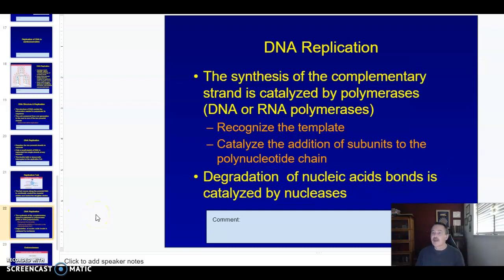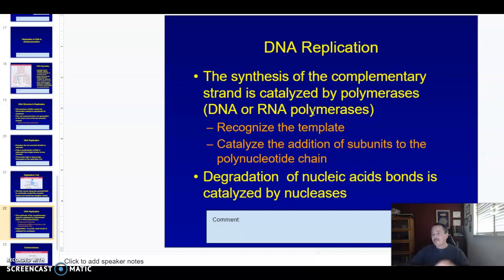All right, slide 22. DNA replication. It says the synthesis of complementary strand is catalyzed by polymerase, which is DNA or RNA polymerase. DNA polymerase, again, unwinds. Think of catalyze as tearing things down, tearing things apart.